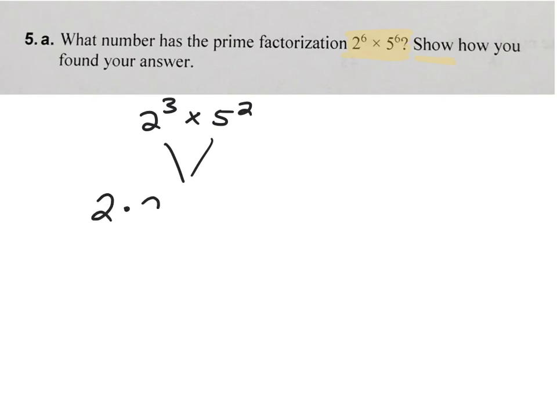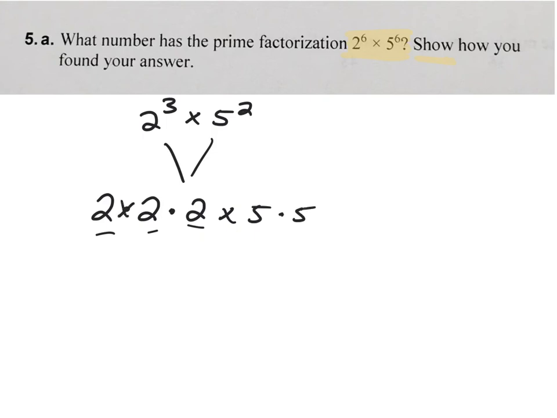So I'm going to rewrite this to show how I'm going to get my answer. So I'm going to say 2 times 2, the dot means multiply, times 2, because there's 3 2's, right? 2 is the base, here's the exponent, 1, 2, 3. 2 times 2 times 2 times 5 times 5.